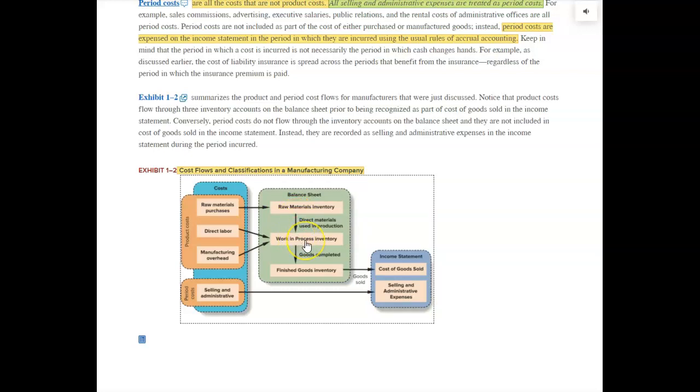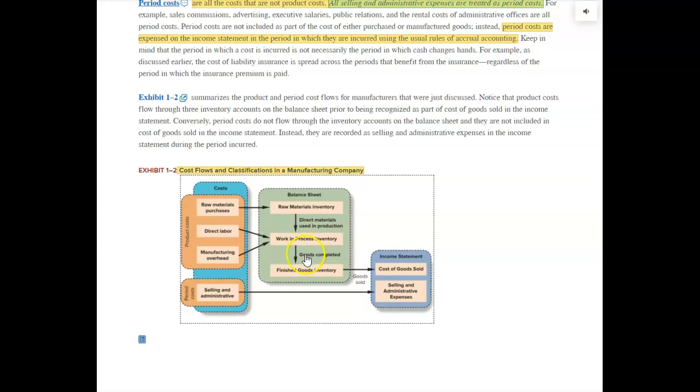The work in process inventory account is also used to accumulate the direct labor cost and the manufacturing overhead cost involved. So all three manufacturing costs, materials, labor, and overhead, end up in the work in process inventory account and will accumulate there until the product is finished.